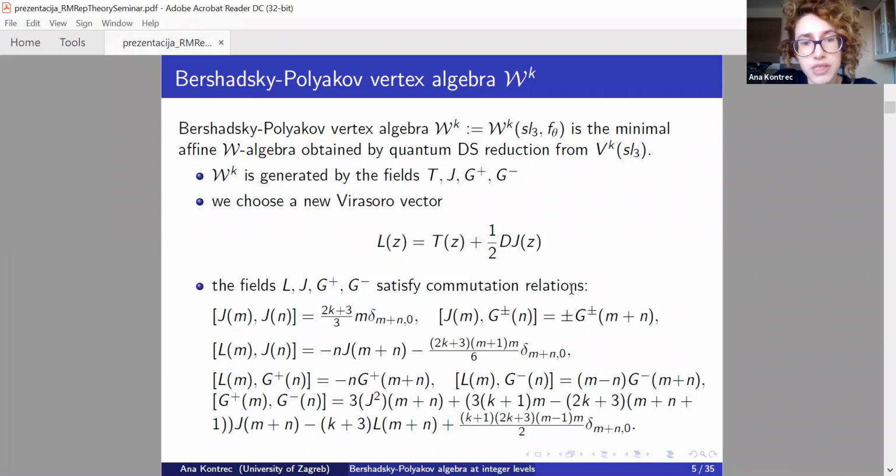But if we choose a new Virasoro vector of this form, so we add to the old Virasoro 1/2 derivation of the Heisenberg, then we obtain a Z grading on our vertex algebra. And from the OPE relations, we get the following commutation relations for the fields L_j, G plus, and G minus.